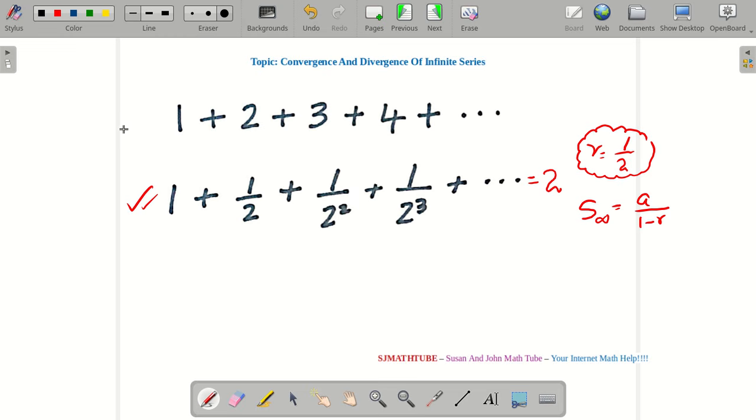So I want you to take a very good look at the first one and the second one. When you take a look at the first one, I want you to remember the blue squares. When you had the blue squares, the area kept on becoming bigger and bigger, so that finally you got infinite area. So likewise, when you add these numbers, the sum becomes so big that we can call it infinity, or it tends towards infinity.